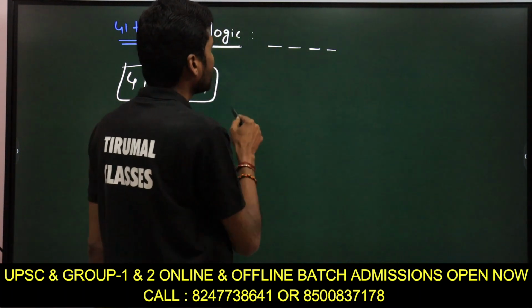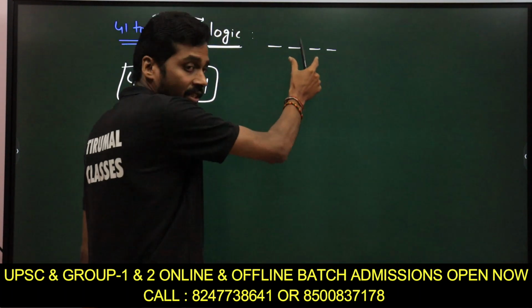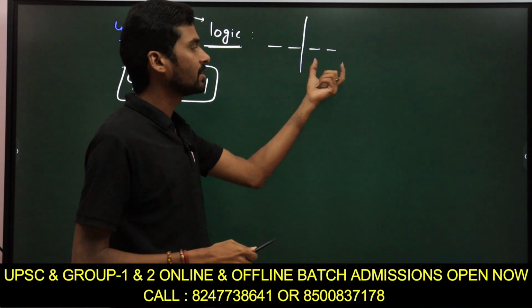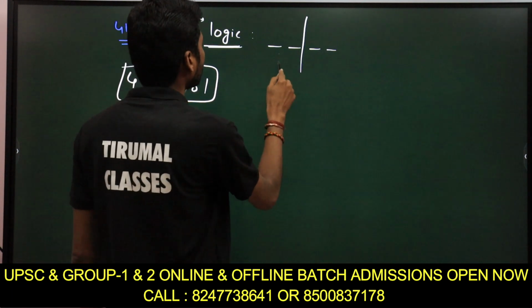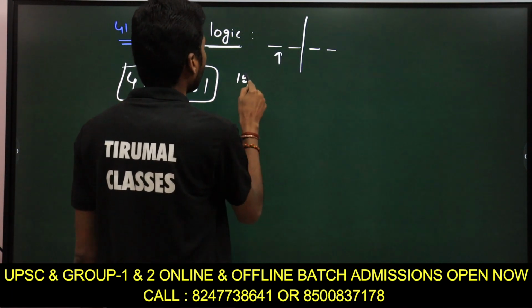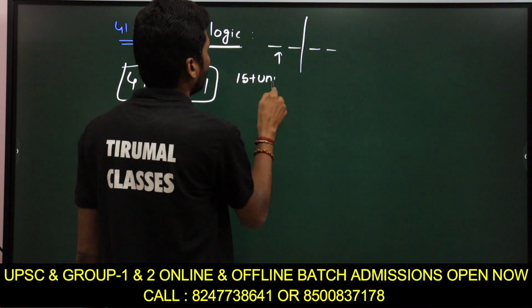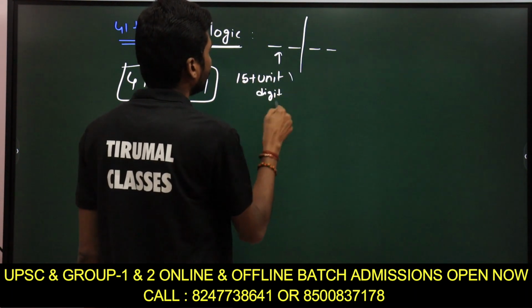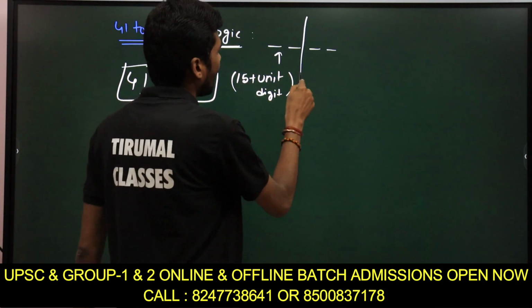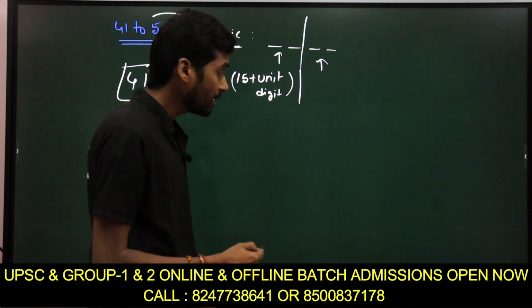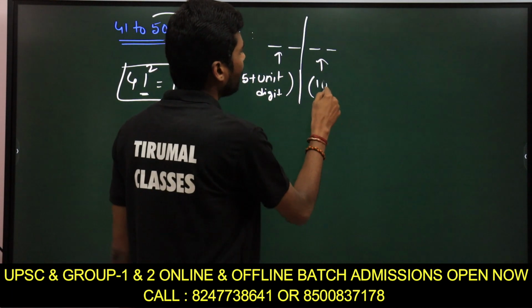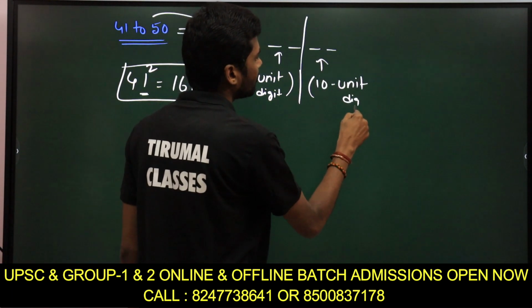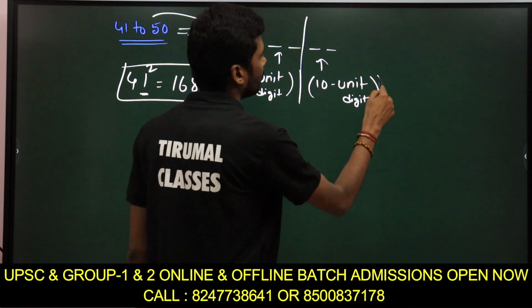You break it into two parts, the first two digits and the second two digits. The logic for the first two digits is 15 plus the unit digit of the given number. And for the next two digits, the logic is 10 minus the unit digit, whole square.